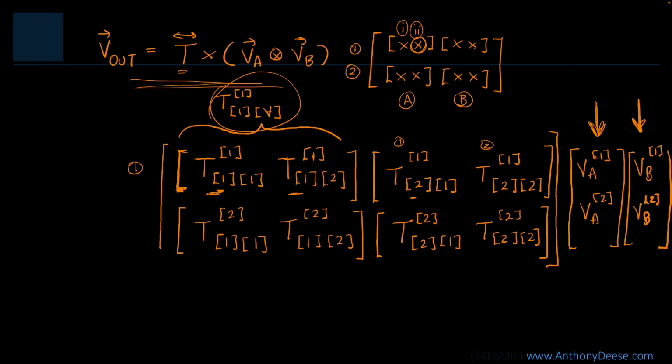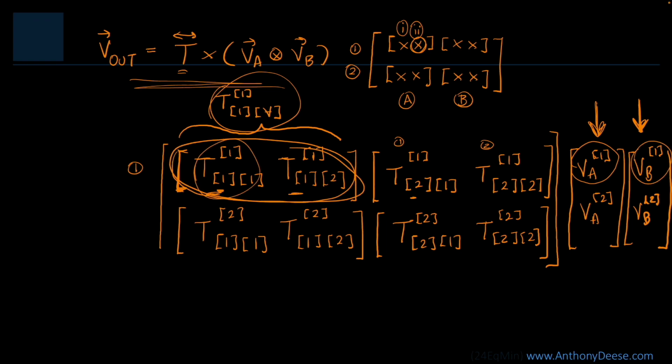For this one, we multiply assuming that the second covariant rank of the tensor is contracted. So in short, you can imagine VA1 being multiplied by this whole thing right here, whereas VB1 would multiply by that element and VB2 would multiply by that element. So I'm not going to go down this rabbit hole much further than that.